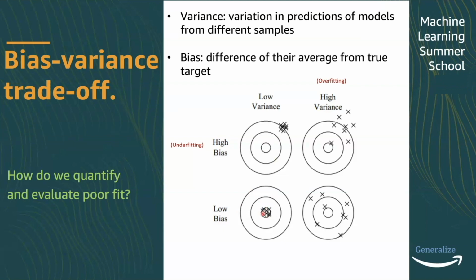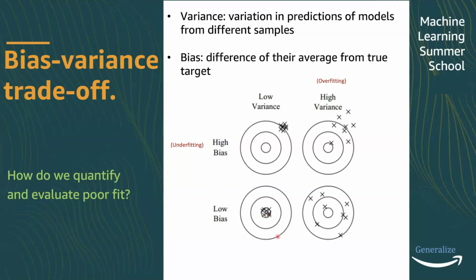The best case is you have these 10 estimates very neatly and tightly clustered together, and they are very close to the ground truth, which is the true value that you're trying to estimate. These concentric circles are the distance from ground truth. At the center of these circles is the truth, and these crosses are the estimates from your 10 different models.